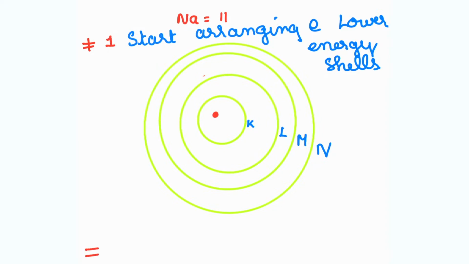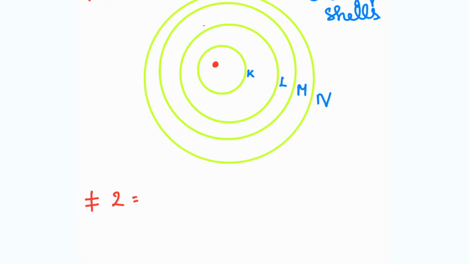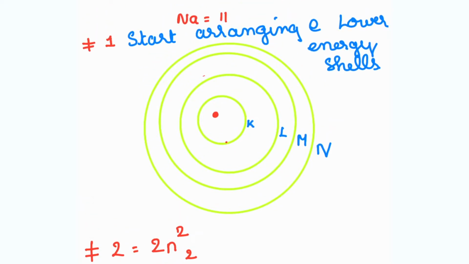Rule number 2 was to identify and arrange the electrons based on the rule 2n squared. For the first shell, 1 times 2 gives me 2. So I'm going to arrange 2 electrons in the first shell. Let me change the color.